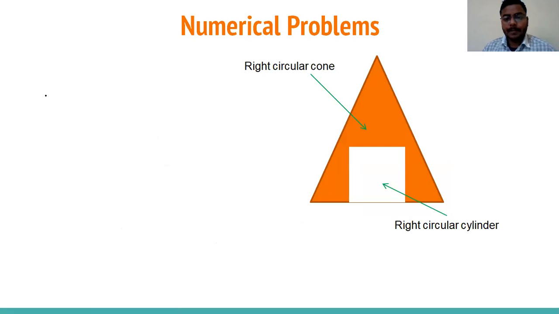Now, a right circular cylinder is cut from a right circular cone. So what will be the center of gravity for the remaining figure? This looks like a triangle, but this is a right circular cone. Okay, so you can write the data here.